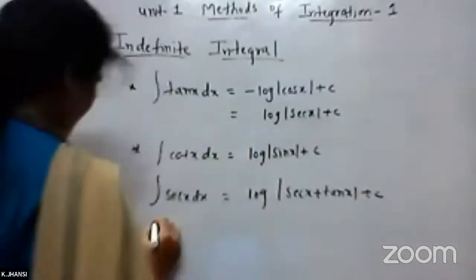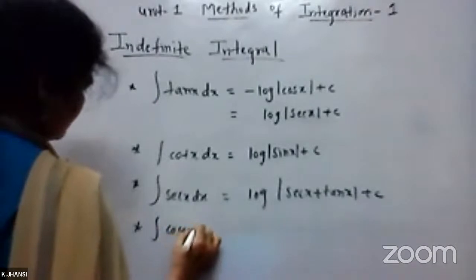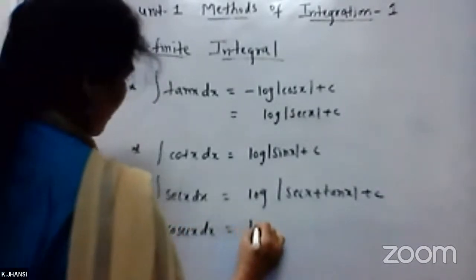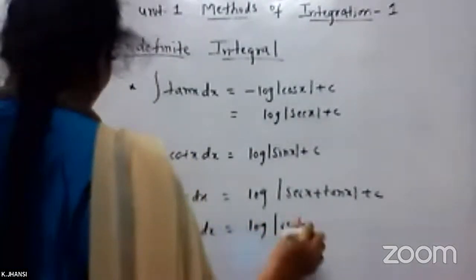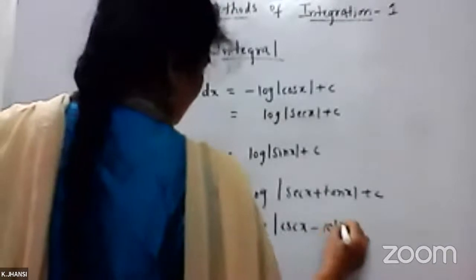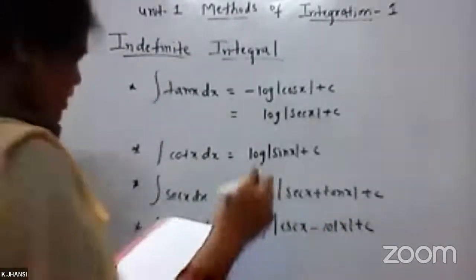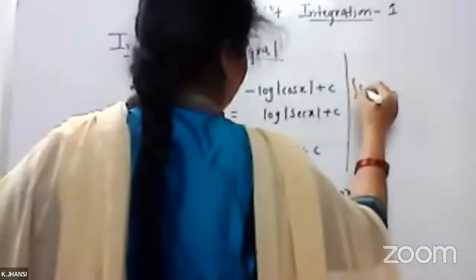Next, integration of cosecant x dx equals log of, we can write the shortcut CSC, cosecant x minus cot x plus c. And the proofs of all these are also there in your textbook.